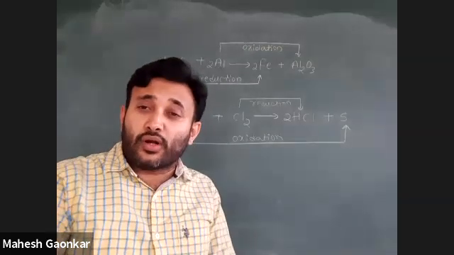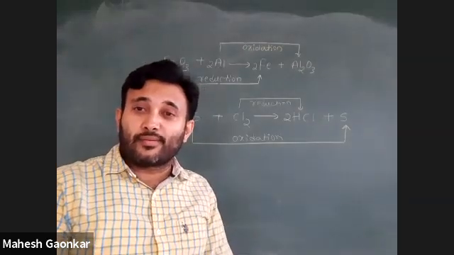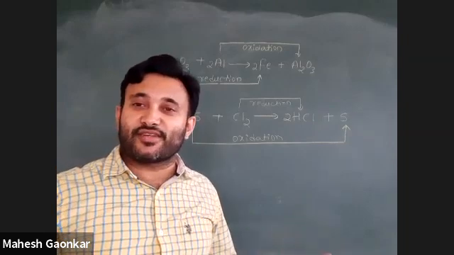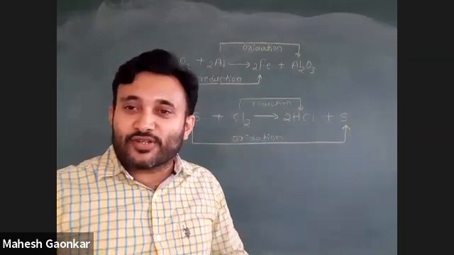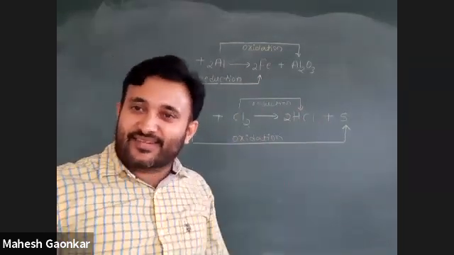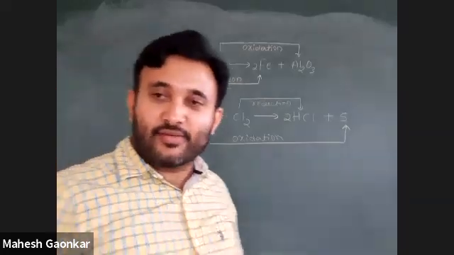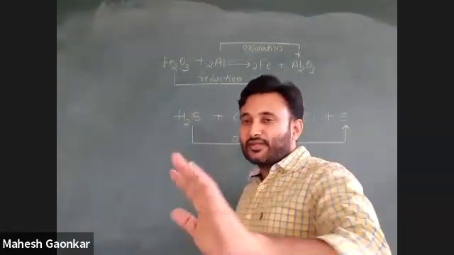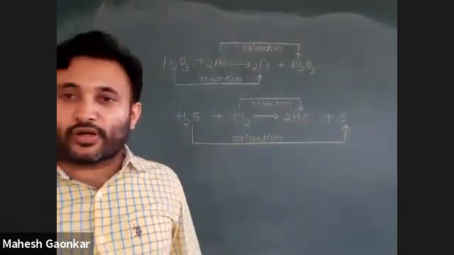H2S is a reducing agent. That's it. You understood in one reaction. You didn't know what is reducing agent and what is oxidizing agent, the whole thing was messed up, and you understood it in one reaction. Very simple. You have to understand the basics. Once you understand the basics, any reaction we give, you are able to write.